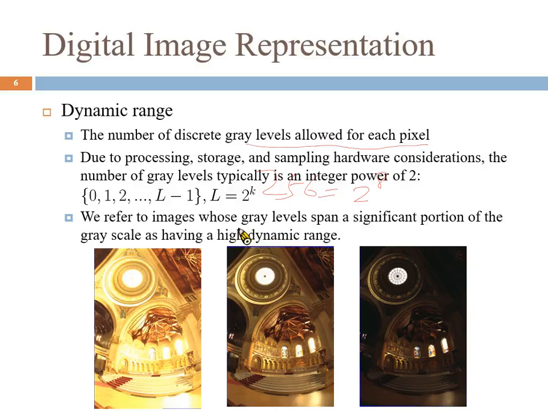And we refer to an image whose gray levels span a significant portion of the gray scale as having a high dynamic range. So in the following 3 images, which one do you think has the highest dynamic range?